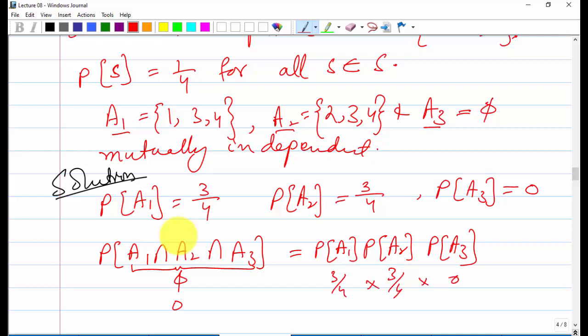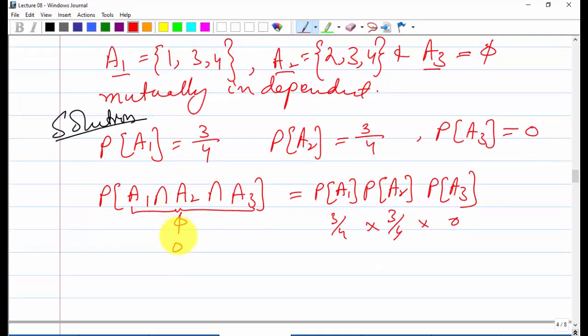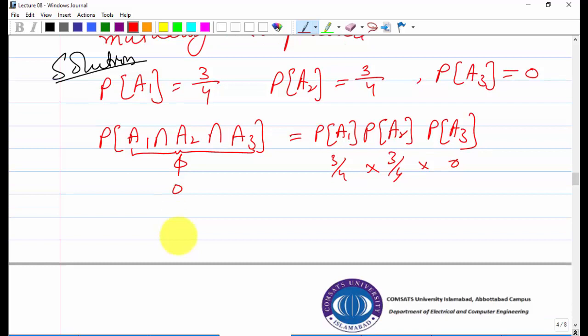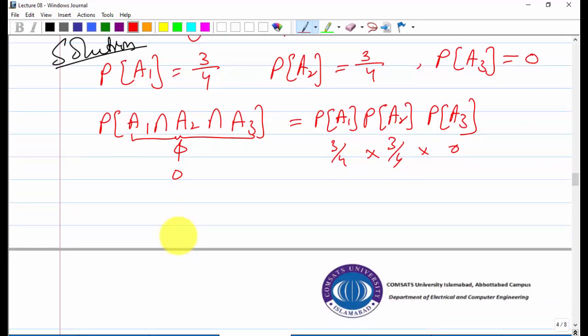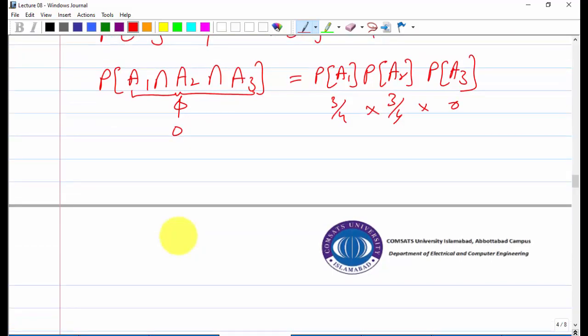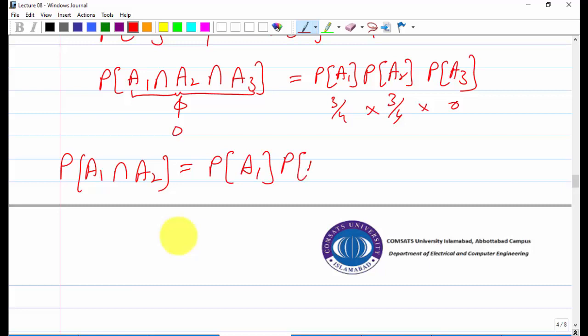But this simple test will not show us whether these three events are independent or not. So we have to go for further analysis. We have to check whether A1 and A2 are independent or not.